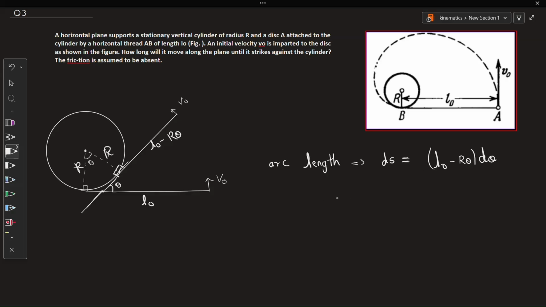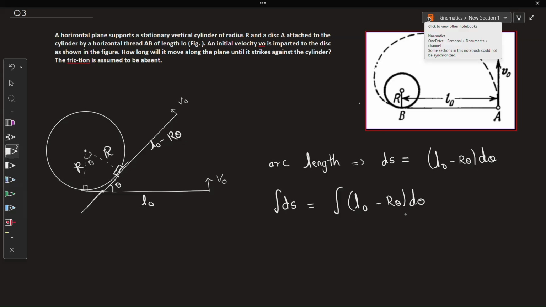Now we need the total arc length because they are asking the time, actually how long. We have the velocity. We have to find the complete arc length. So arc length I am going to integrate it. So what I get is integral ds is nothing but integral of L naught minus r theta into d theta. Now the range of theta: initially the angle theta is 0.